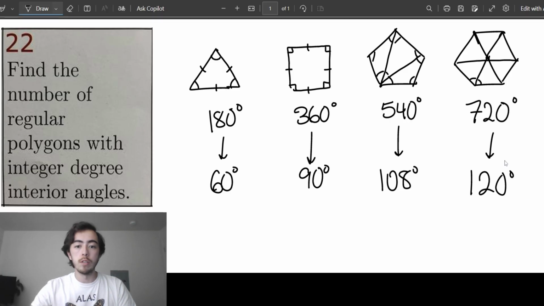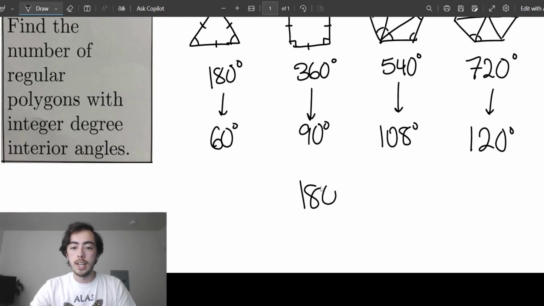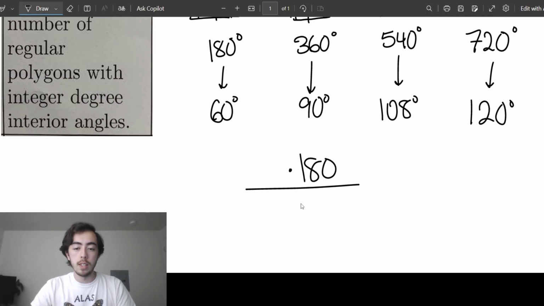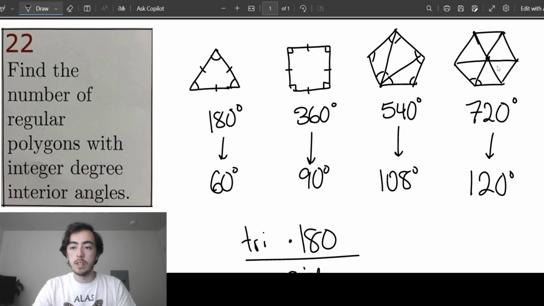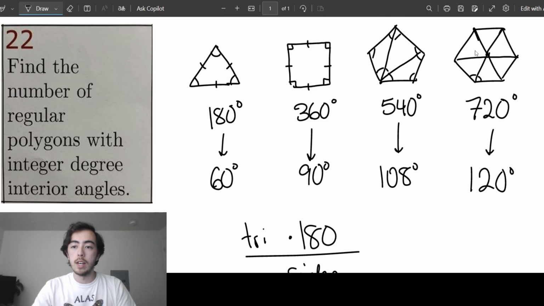Essentially, we just need to do 180 times some amount of triangles, and then we're going to divide it by the amount of sides we have. So we have number of sides down here and number of triangles up here. Like for this hexagon, we had not 6 triangles, right? Because we would need to draw it all emanating from the same corner.